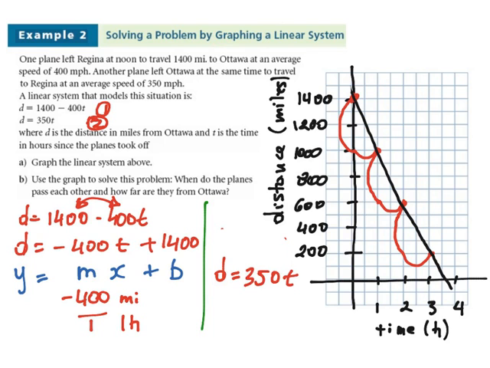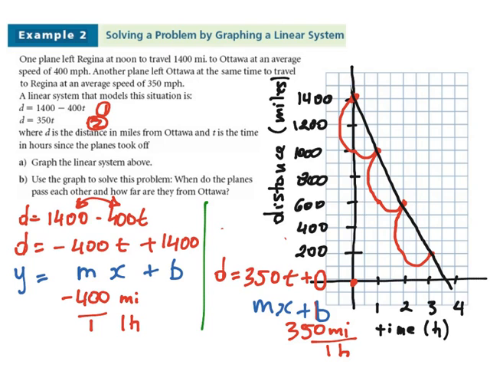Well, there is a missing value, and it really is 0. What this means is that the y-intercept, or b value, starts at 0. It starts right at the origin right here. And the slope, which is m, is 350. That means for every hour traveled, 350 miles are covered.